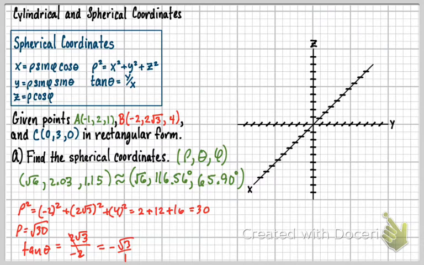Negative square root of 3 over 1. And if you think about it, that would happen either in the second quadrant or the fourth. And the opposite side would have to be negative square root of 3. So that makes this 2 and that 1, which tells me this angle here is 60 degrees, which tells me this angle is 120 degrees.